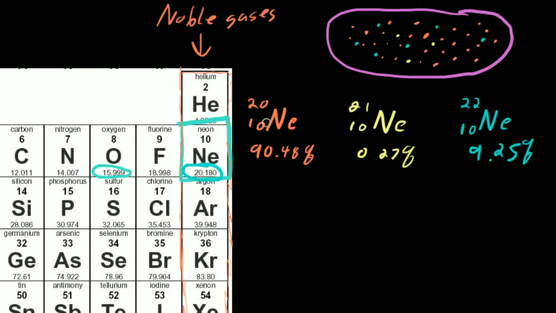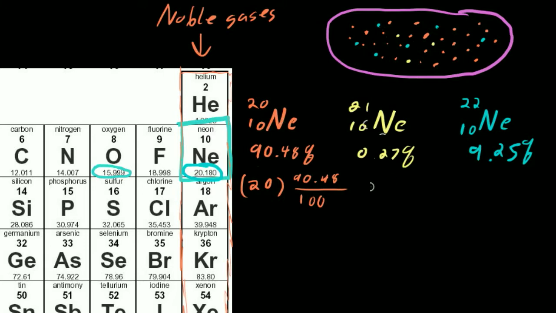So our weighted average is going to be: we have a mass of 20, times the abundance, 90.48 times out of 100. We are going to choose a neon 20 isotope out of our balloon.